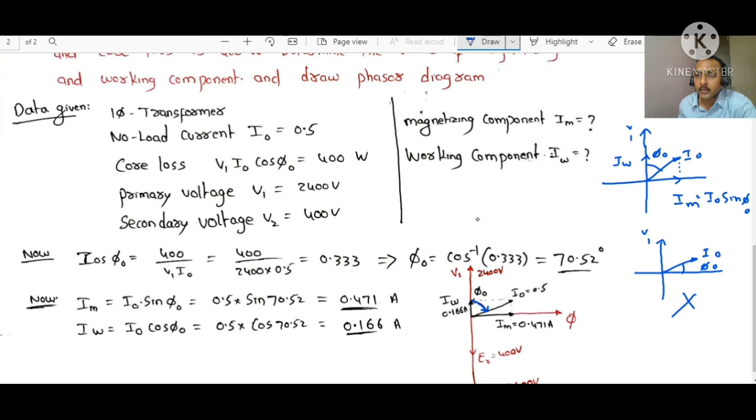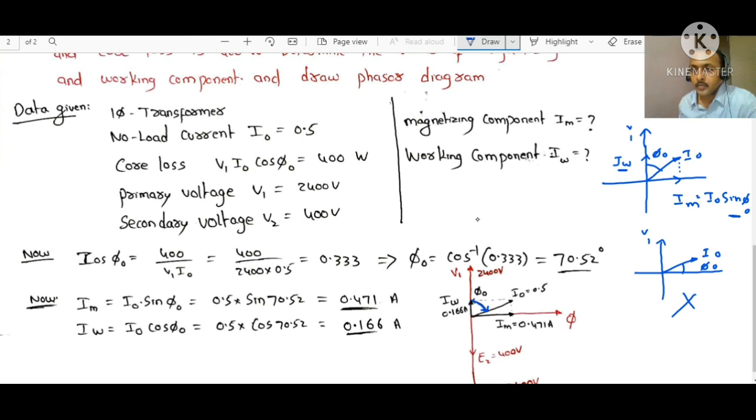Here this is the angle phi 0, so the other angle will be 90 minus phi 0. That is the reason this horizontal component gives the sine term, and similarly the working component gives the cos term. Observe, so please don't commit a mistake. There is a chance to commit a mistake. This is the key point, right?